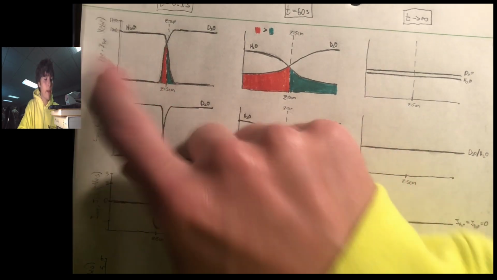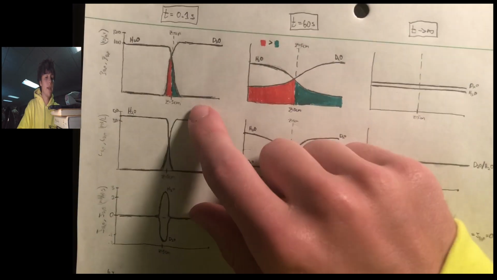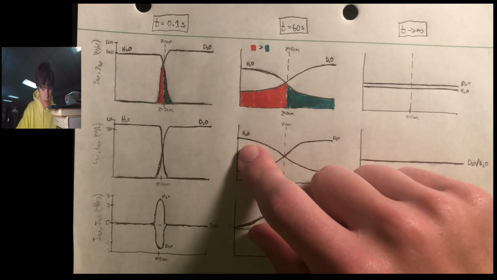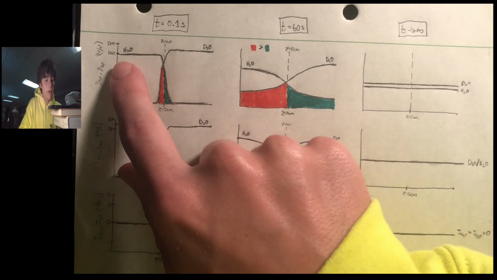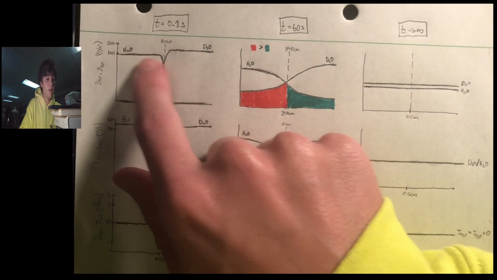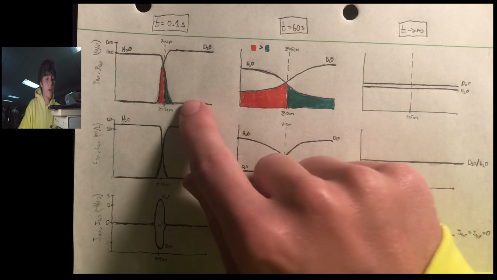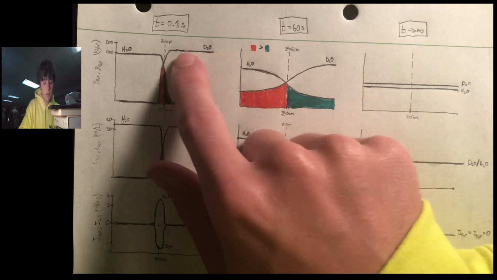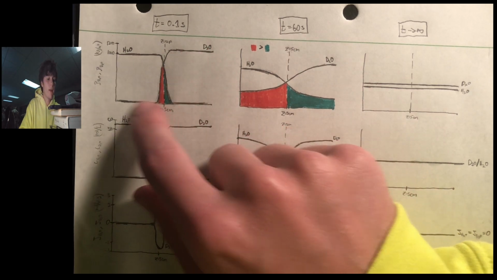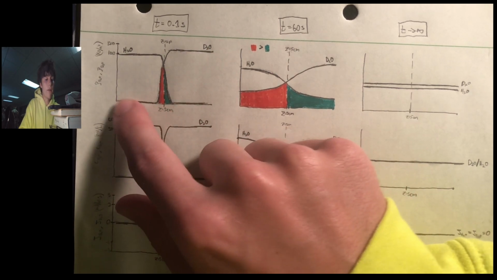So let's look at the mass concentration of the individual components at t equals 0.1 seconds. Over here you just have pure water, and over here you have no water. Same thing here, you have pure deuterated water and then no deuterated water over here.